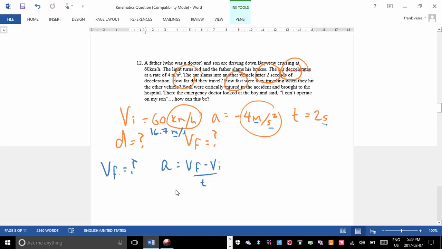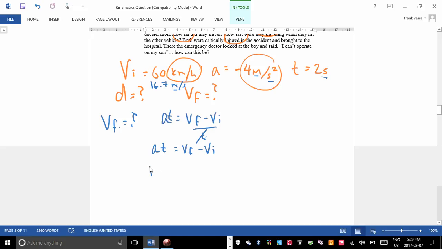We could rearrange this and get rid of the t. That gives us At equals Vf minus Vi. And then I could rearrange and isolate for Vf. So Vf would be Vi plus At.